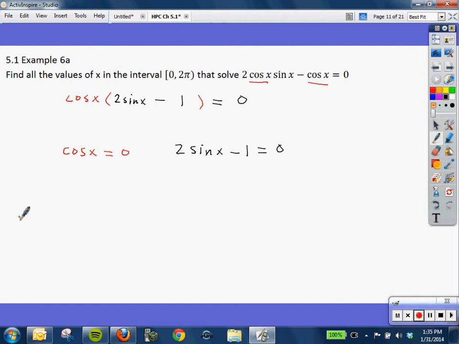We just need to figure out the angle values that will give us 0 from 0 to 2 pi. For 2 times sine x minus 1 equals 0, we actually need to solve for the sine of x. So we're going to add 1 to both sides, and then divide both sides by 2. I end up with the sine of x equal to 1/2.